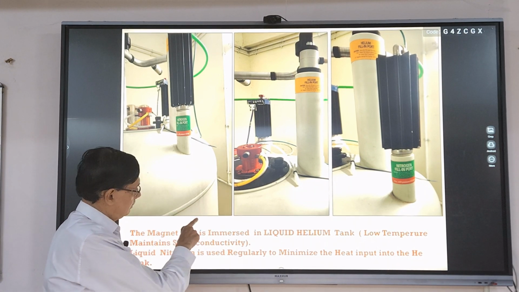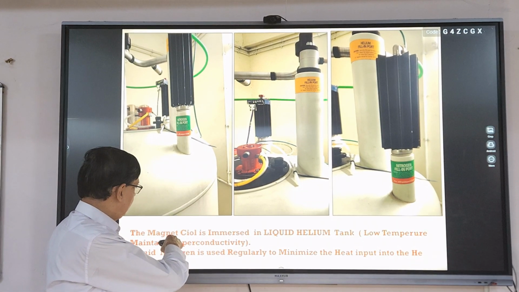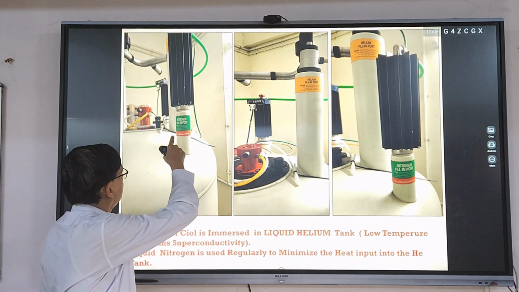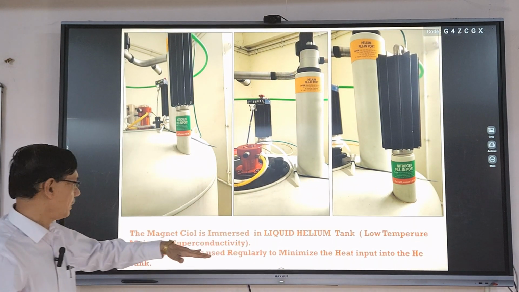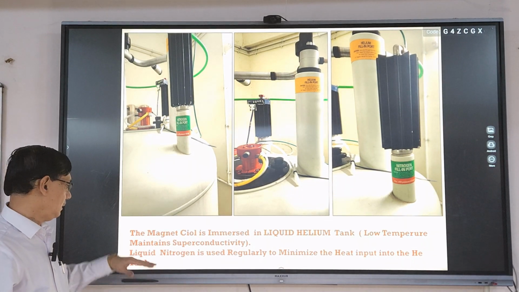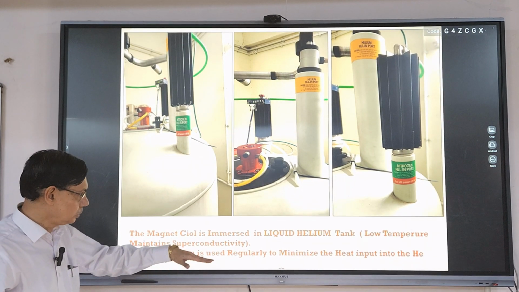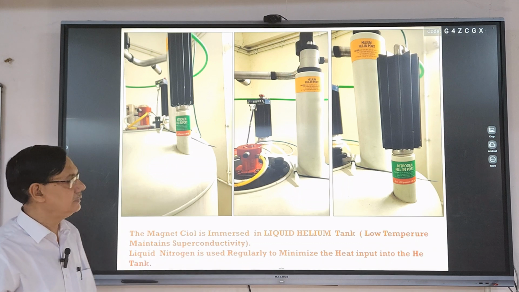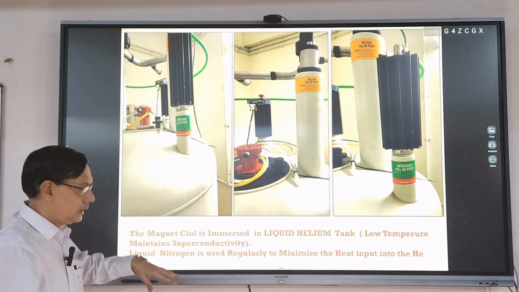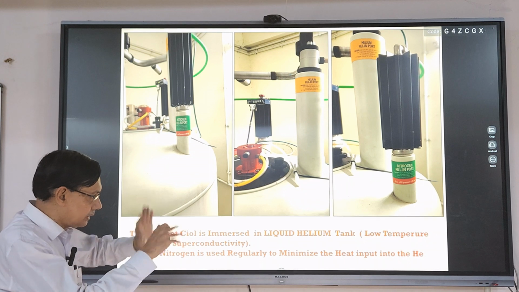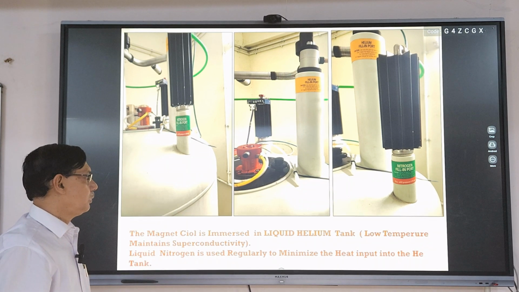So one objective is that liquid helium maintains the low temperature and the superconductivity, and liquid nitrogen is used to regularly minimize the heat going into the helium tank, so that there will be minimum evaporation of the liquid helium.